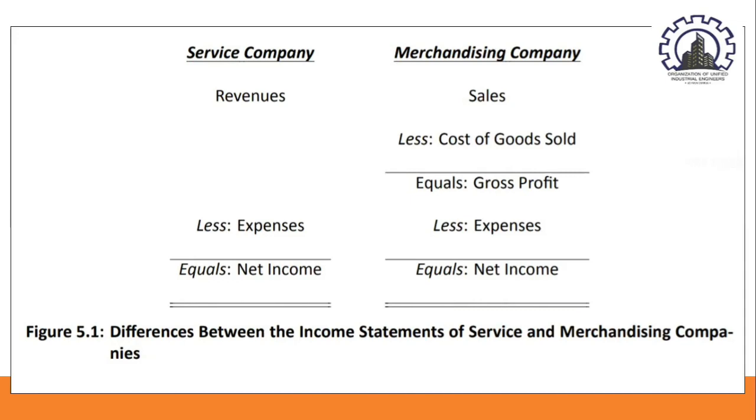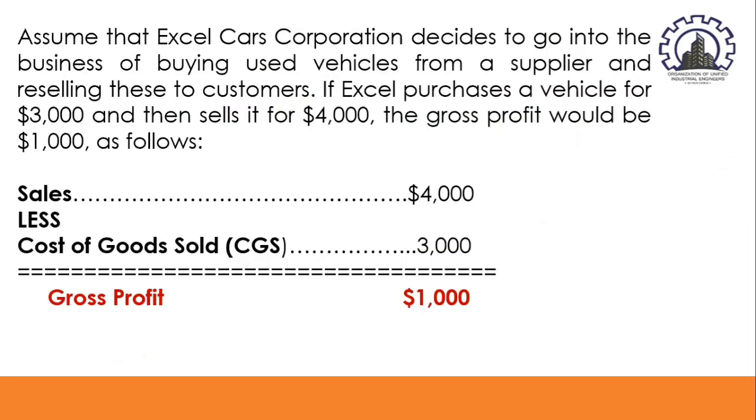In order for us to better understand this, let me give you another example. Assuming that Excel Cars Corporation decides to go into the business of buying used vehicles from a supplier and reselling these to customers.